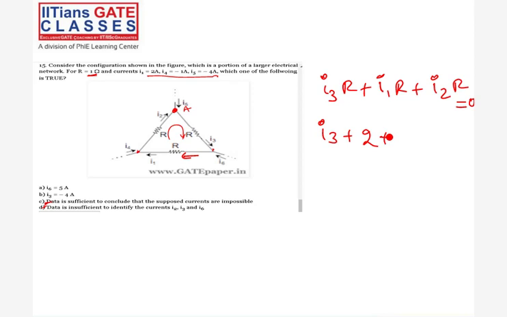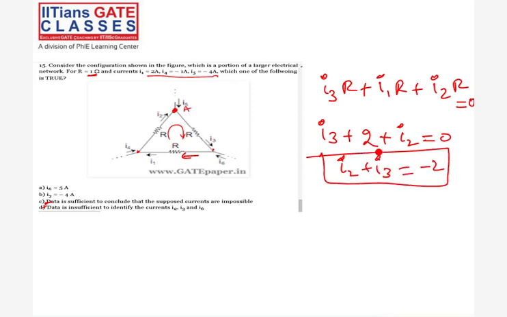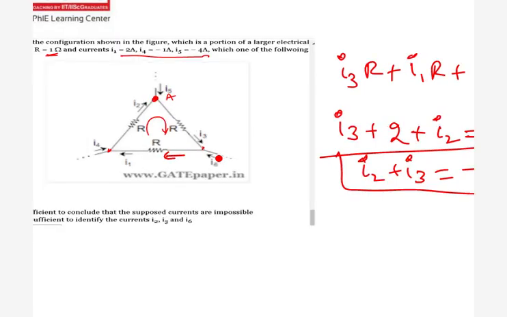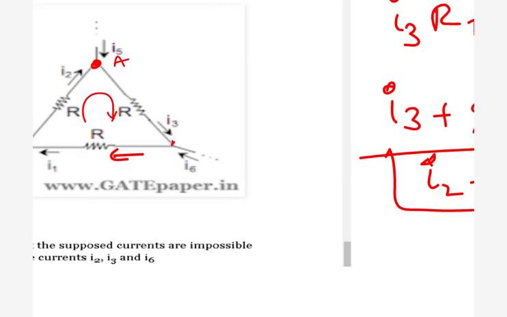Okay. So again, let me write the currents here. I1 is given as 2 amperes here.